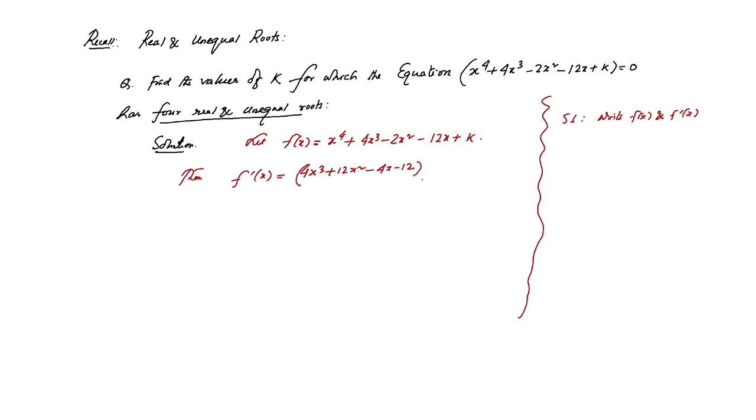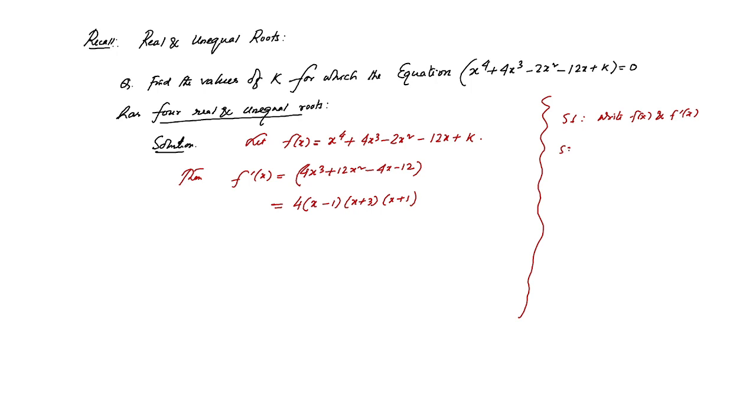In that case, you can eliminate the k because d/dx of any constant is 0. Now this is a cubic equation, so we can factorize it with the help of the vanishing method. We can write 4 into (x minus 1) into (x plus 3) into (x plus 1).